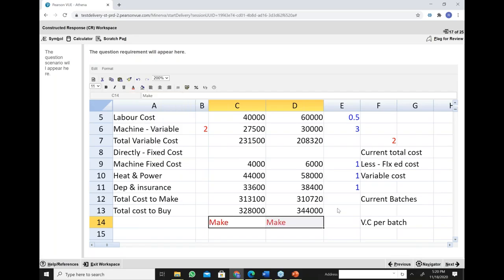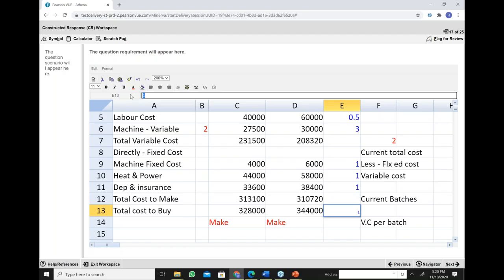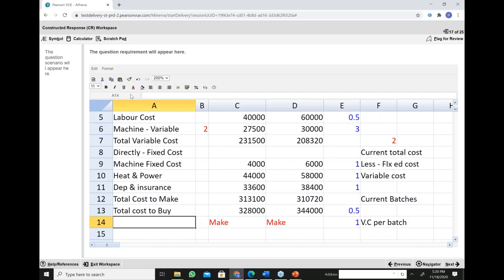Now, remember, 0.5 marks you are getting for calculating the cost to buy. And 1 mark at the last you will get for the concluding part of taking a decision, and that is you will make both the products. Okay, so is the marking scheme clear?